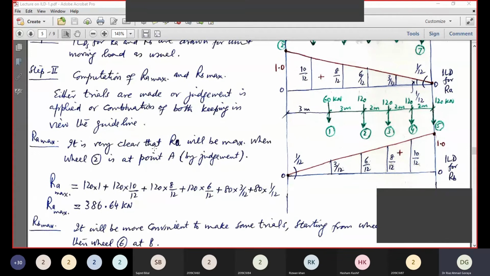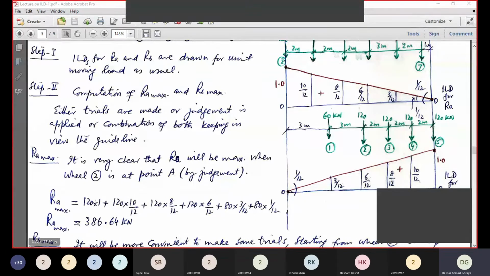So it is very clear that RA will be maximum when wheel 2 is at point A. That is by judgment. So RA is simply 120 into 1 plus 120 into 10 by 12 plus 120 into 8 by 12 plus 120 into 6 by 12 plus 80 into 3 by 12 plus 80 into 1 by 12. This will come out 386.64.